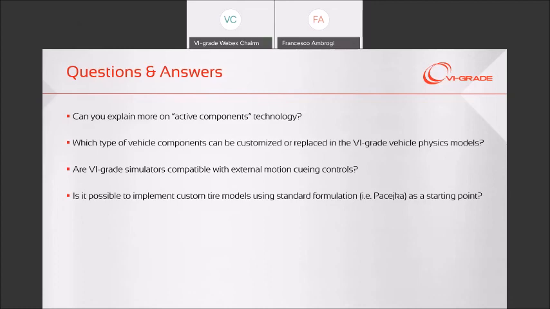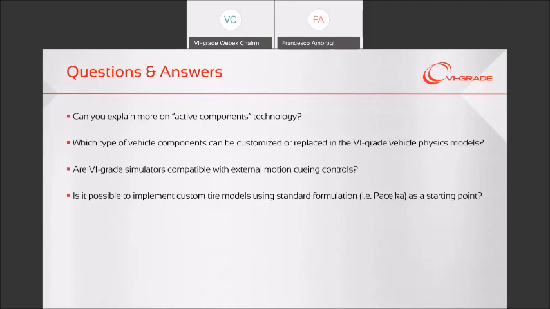This is also possible using, for example, one of the customization interfaces that we have been mentioning before, where for what regards the tires, it is possible to separate the different components of the tire forces. And for this reason, it is possible to use a standard formulation like Pacejka tires and just override or modify some of the channels that have been implemented.